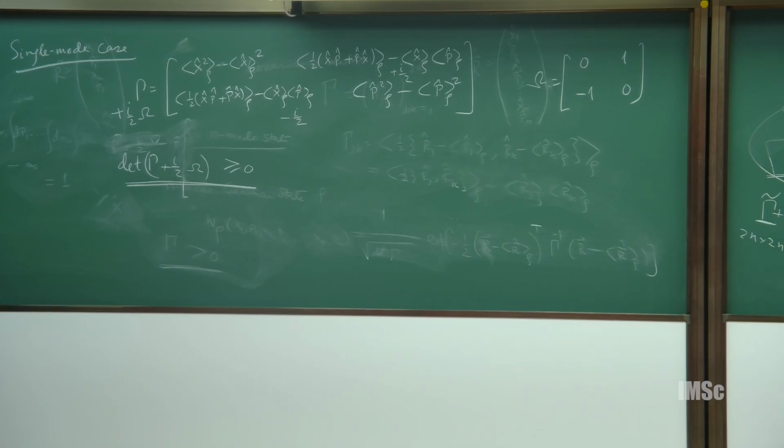So earlier this condition, gamma plus iota by 2 omega greater than or equal to 0, was not a follow up from the stronger version of the Robertson Heisenberg uncertainty relation. It was a conjecture kind of thing. No, it is not a conjecture. I said that this is going to be true. I did not prove it. I proved it only for the single mode case, and this is a consequence of the stronger version of uncertainty.